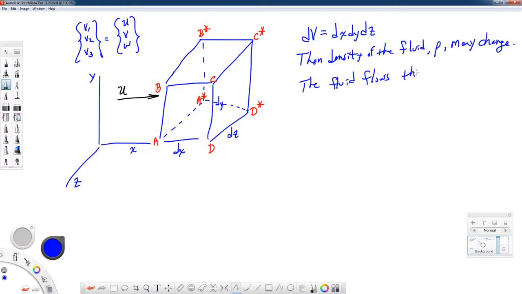So I'll write a little bit of this down. Fluid flows through the cube in the positive directions of the coordinate system.